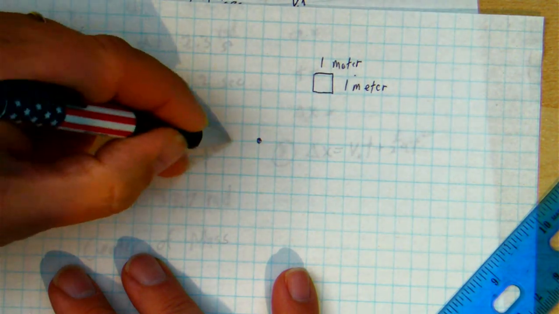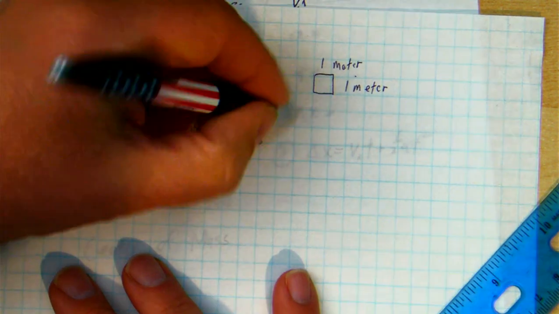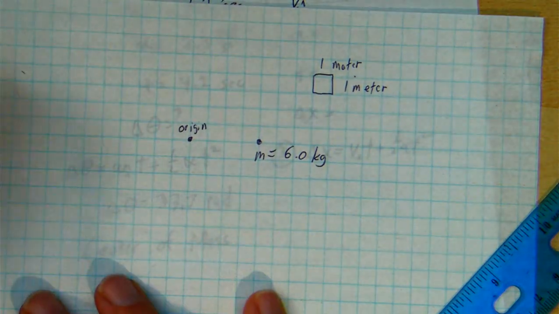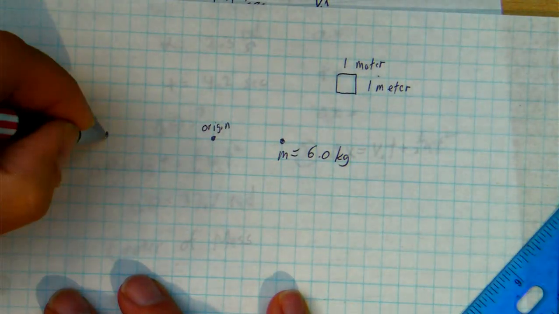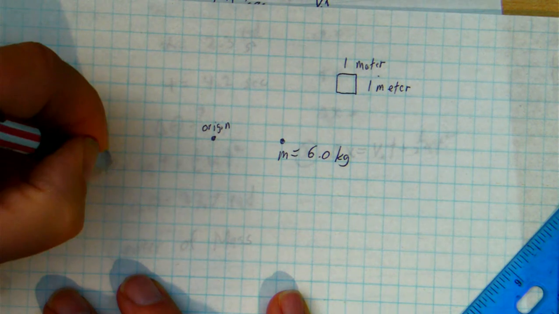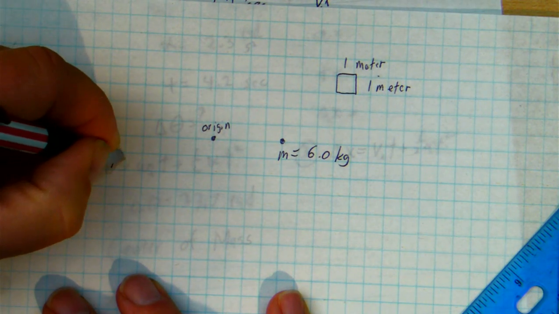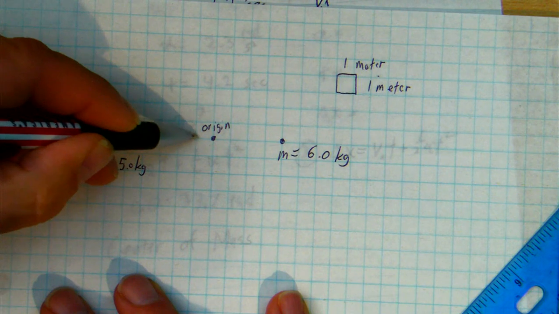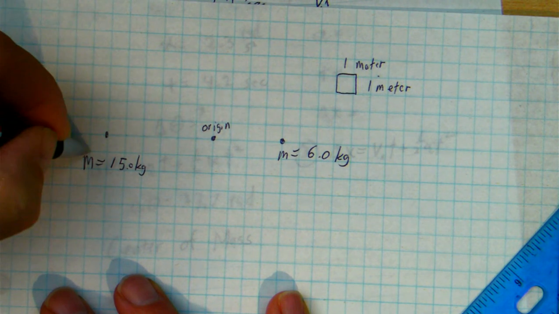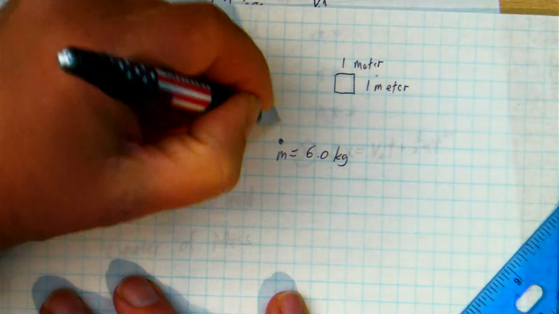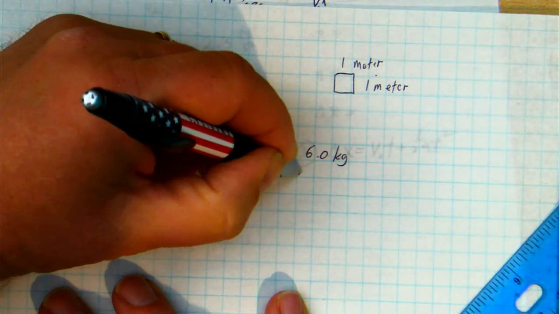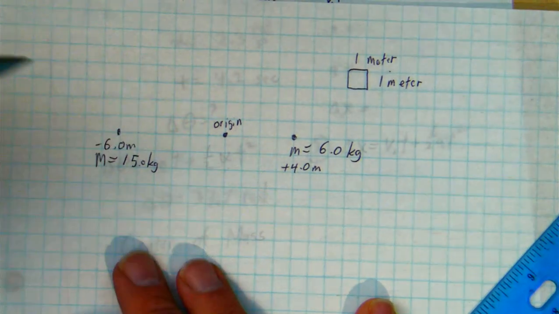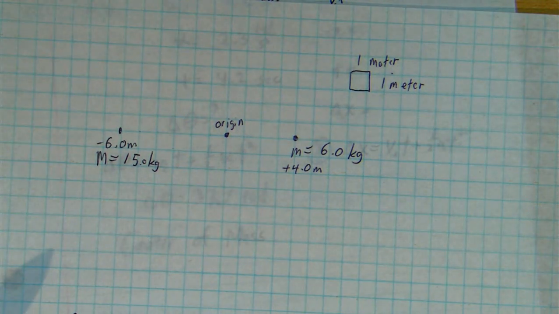Here's a point that is 4 meters off to the right, 1, 2, 3, 4, and it has a mass of 6.0 kilograms. And then over here someplace is another mass, and this one is 15 kilograms. It's at negative 6 meters. This one was at positive 4 meters. And try not to get confused: this little m means meters, this m means mass. Good thing you pay attention every day in class.